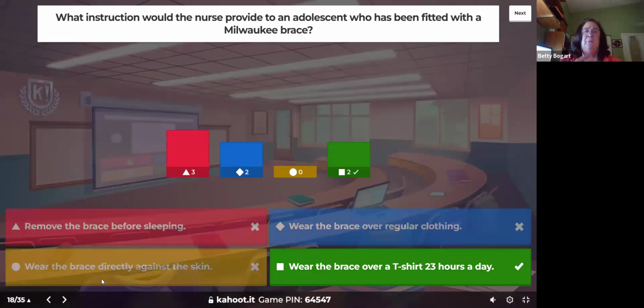So when they use these braces, it's 23 hours a day, 7 days a week, and physical therapy to strengthen the muscles to help straighten out as well as we can that spine. What they do is they put a t-shirt underneath, for that rubbing. No lotions, no powders, because it can clump and that can cause more problems there. And it's something that we don't want to have, okay?